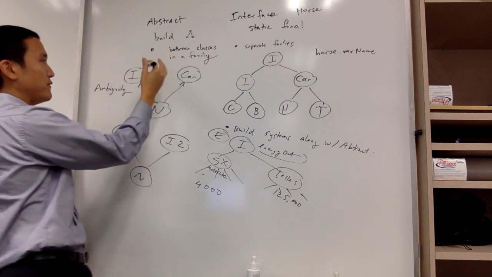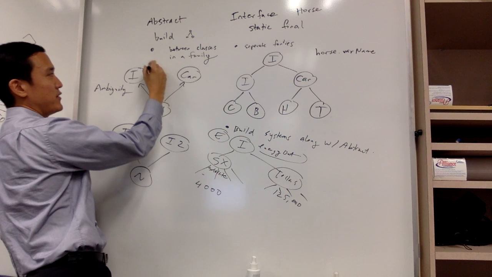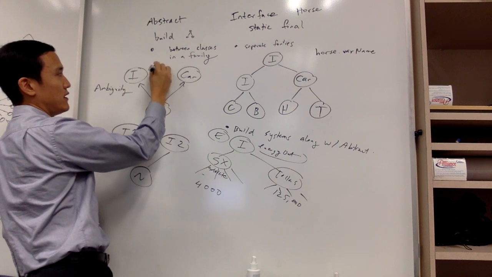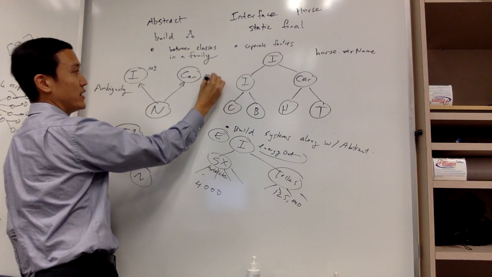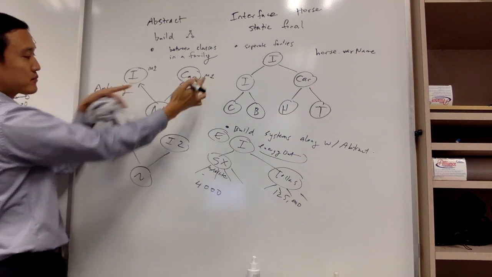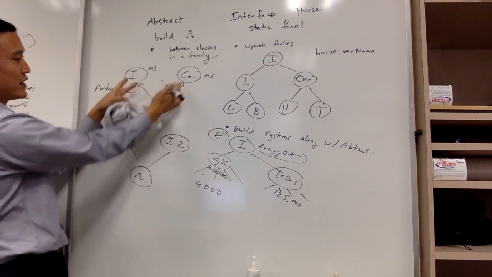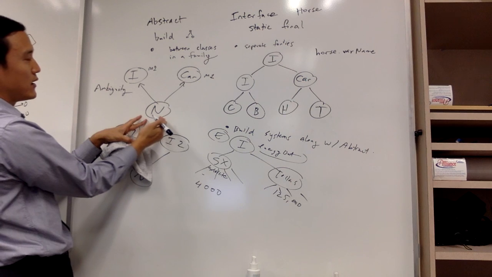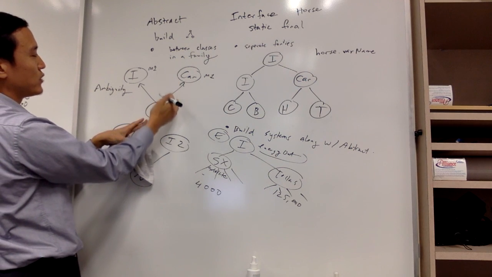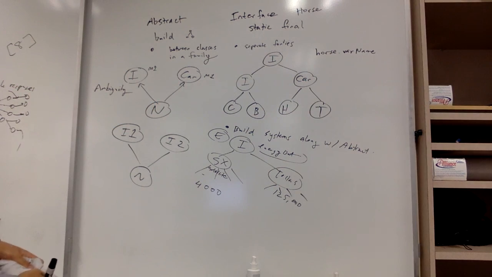meaning if one class has method 1 and the other class also has method 1, using the same name, then when the new class inherits from both of them, it doesn't know which one is going to be used.